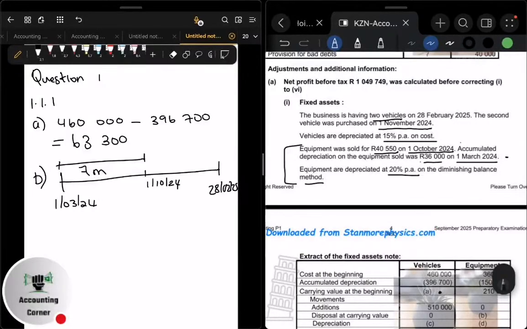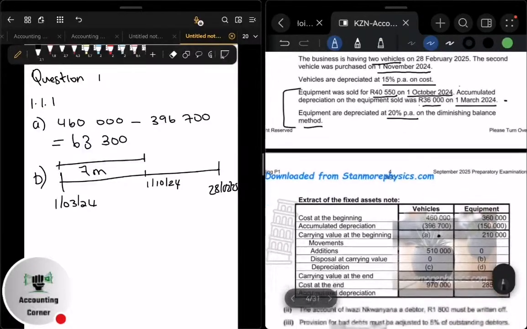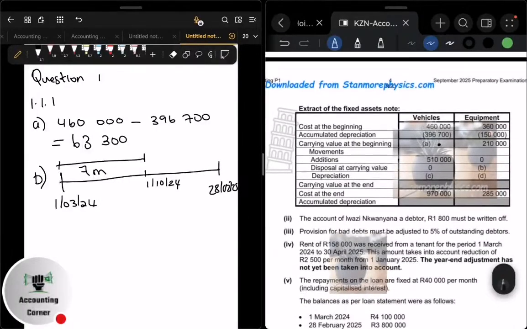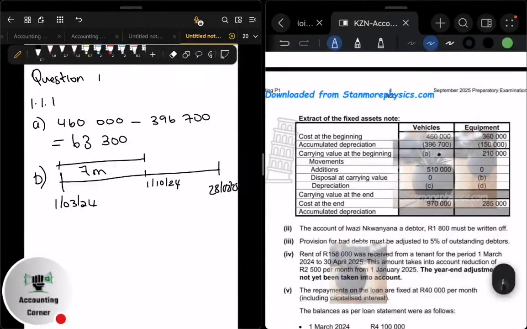Now to calculate our depreciation, we were told how much the equipment was sold for, 40,550, and we're also told the accumulated depreciation. We weren't given the cost of the asset at the beginning of the year that was sold.